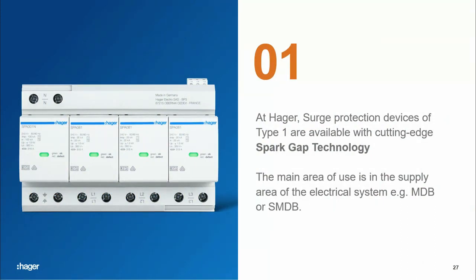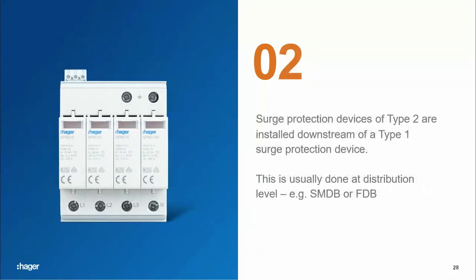Now let's look at where these SPDs are installed. For example, the type 1 SPD is installed at the service entrance, meaning in the main distribution board or in the sub-main distribution board. These devices act as primary protection. Now let's look at type 2 SPDs. These SPDs are installed downstream of type 1, and they act as the second source of protection.